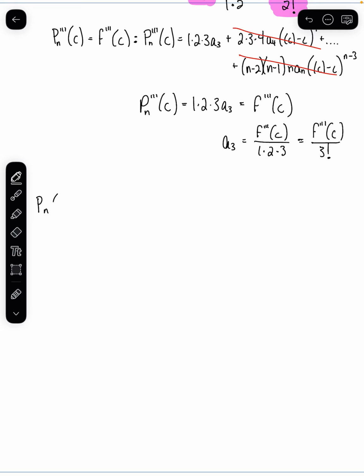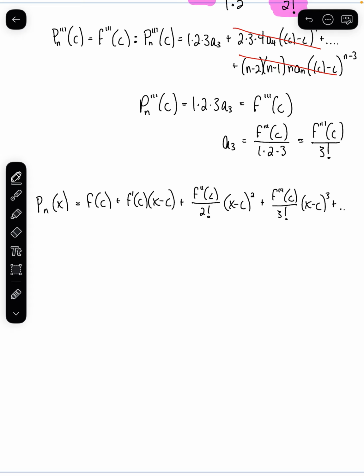Well, p sub n of x is equal to f of c plus f prime of c times x minus c to the first plus f double prime of c over 2 factorial times x minus c squared plus f triple prime of c over 3 factorial times x minus c cubed, and so on, up to the nth derivative at c over n factorial times x minus c to the n.